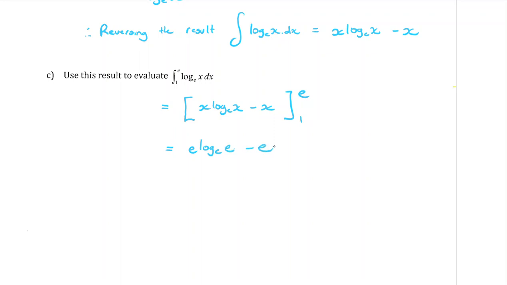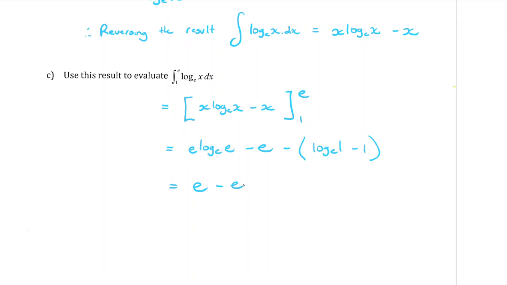Okay, then minus, I'm going to put this in brackets, 1 log e of 1 minus 1. Okay. E log e of e. All right, what's the log e of e? 1. So that's just equal to e. Then I have minus e.